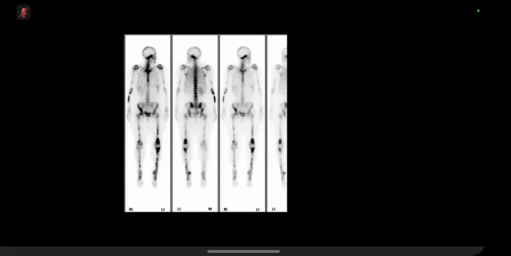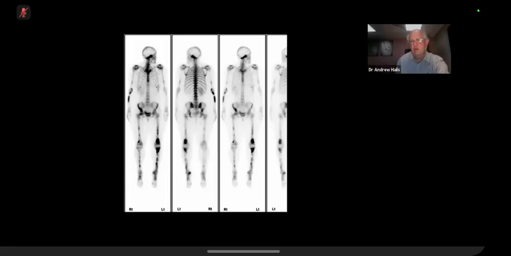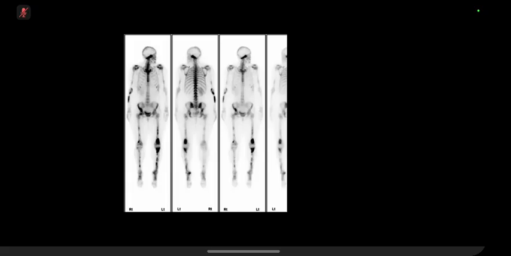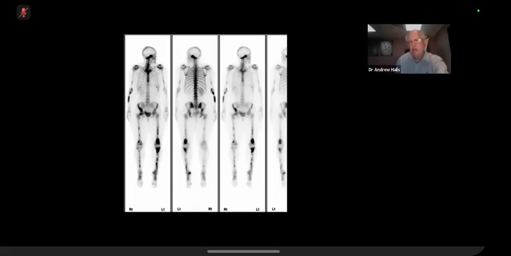But I don't think this is a child, but no. Previous trauma to various parts of the body may cause this possibly. But I think the high uptake is mostly within the medulla rather than cortical, so I don't think they're all fractures. It would have to be very expensive, wouldn't it? If it was trauma, this person would have to have been run over by the bus.